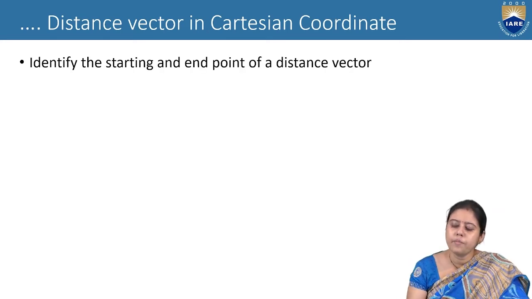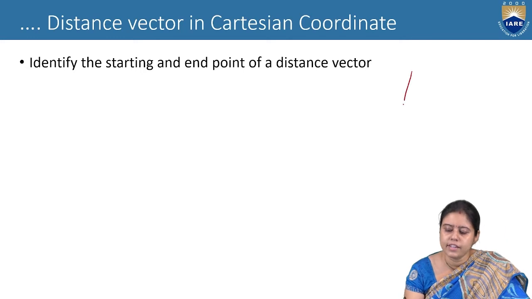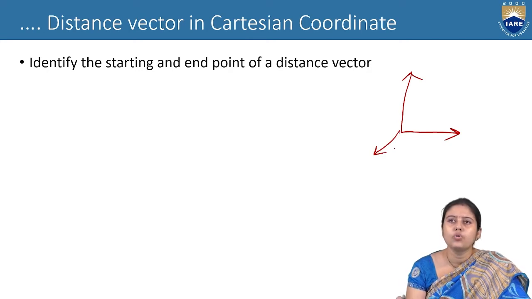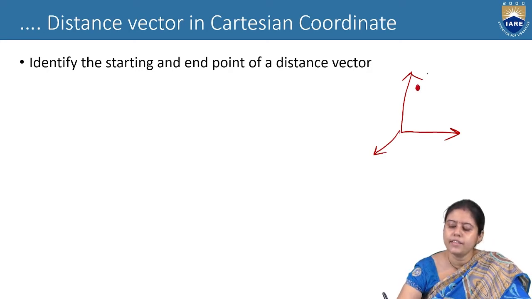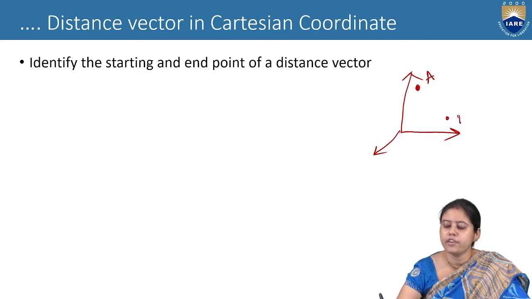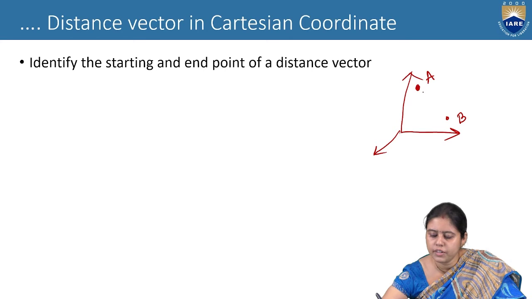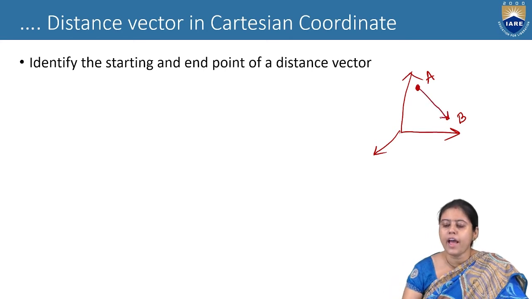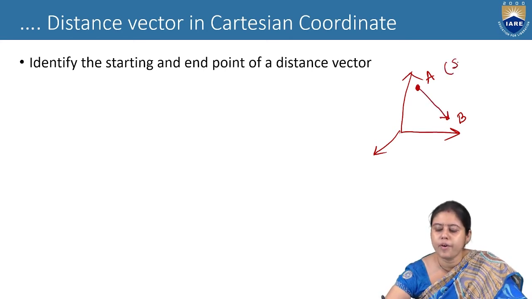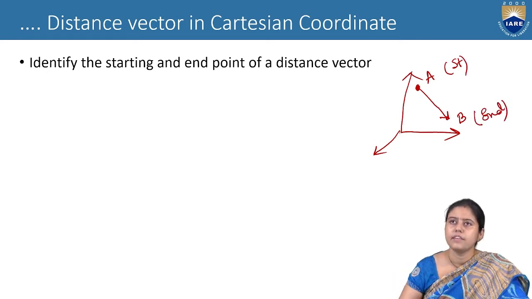When we have to calculate the distance, we have to understand 2 points, the starting point and the end point or terminating point, and we have to connect them and give the arrow. A is the starting point and B is the end point.